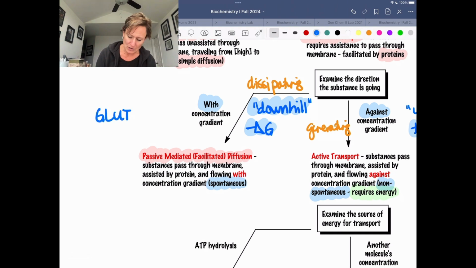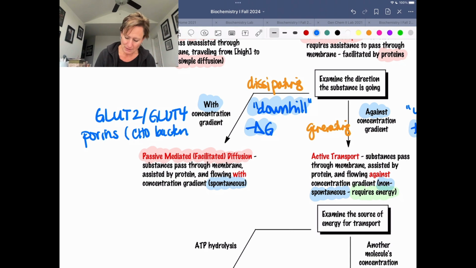We're going to be talking about GLUT2 and GLUT4 glucose transporters. We are going to be talking about porins, which are going to be used to transport carbohydrates in bacteria. Okay, we're going to be talking about an antibiotic called valinomycin.